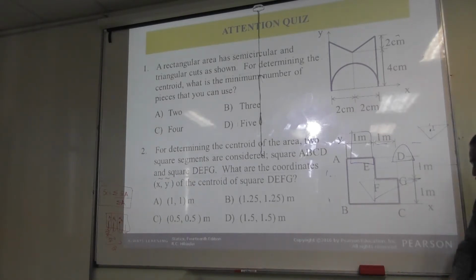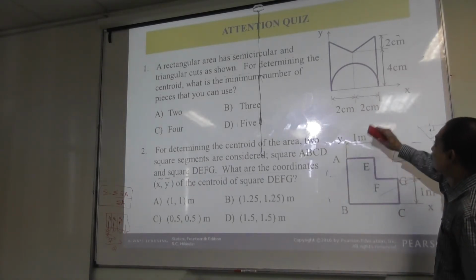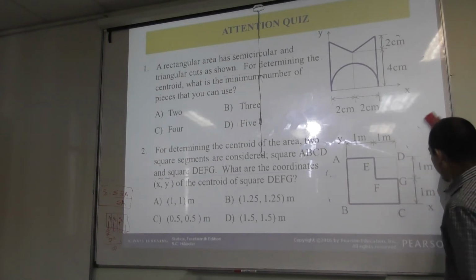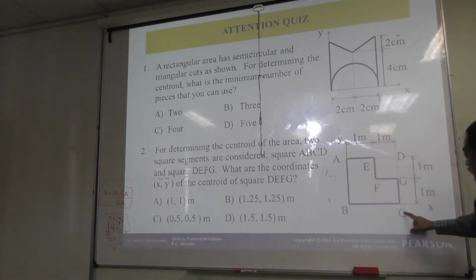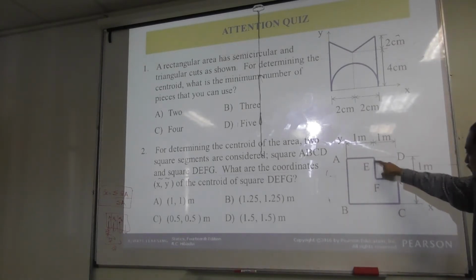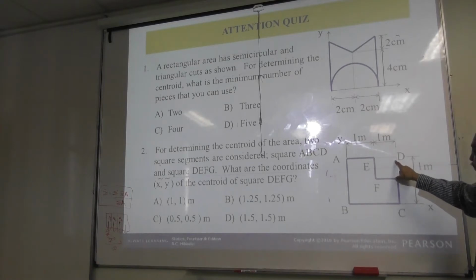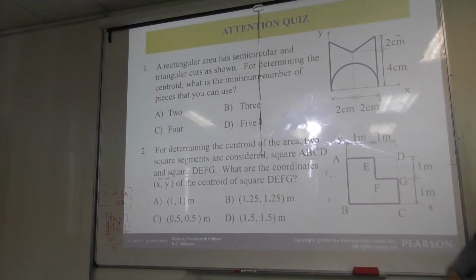Okay, just to check if you are paying attention. In this case, we will consider the big segment A, B, C, D minus this small segment D, E, F, G, right? So for the small segment, what is the coordinate x, y in the table?